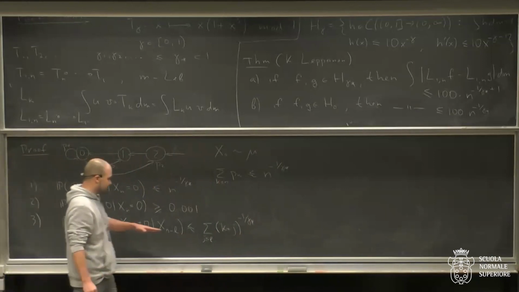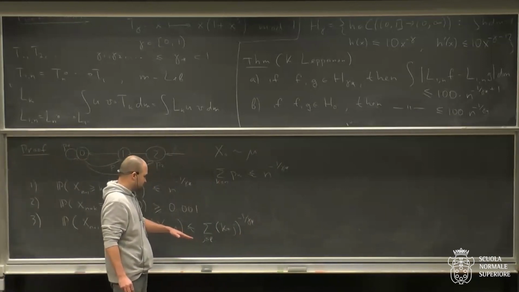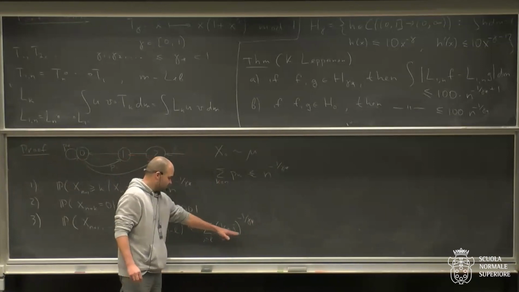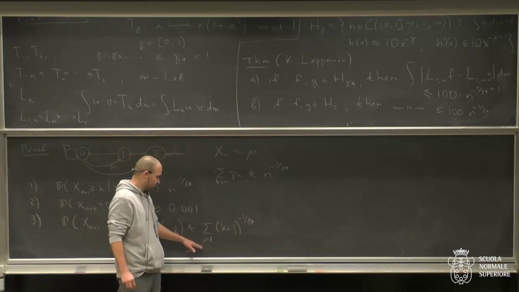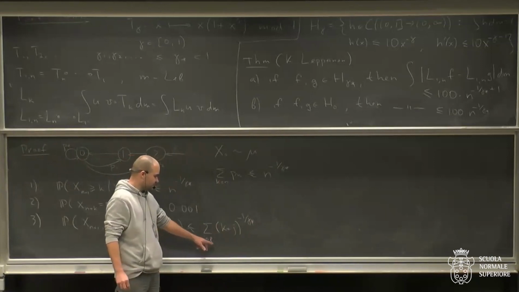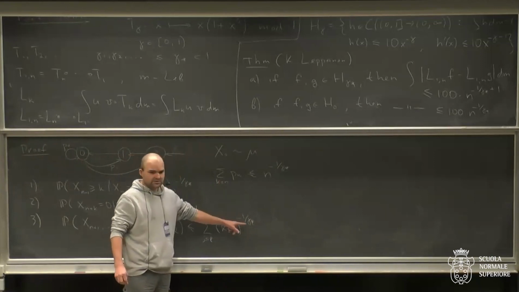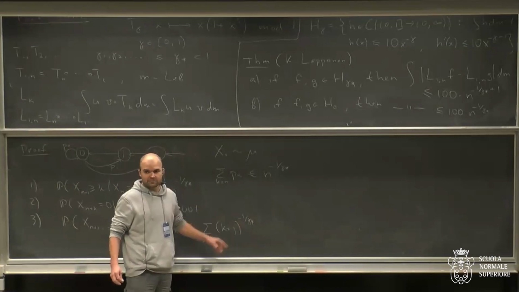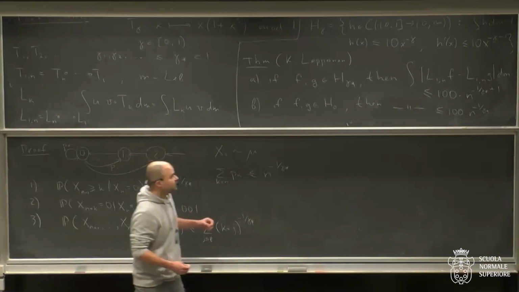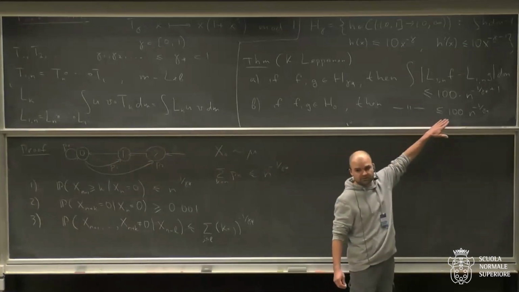You start getting careful bounds. You can always bound this sum uniformly in L by k to minus 1 over gamma star plus 1, but that would be too rough, and you won't be able to get to the fast rate from here.